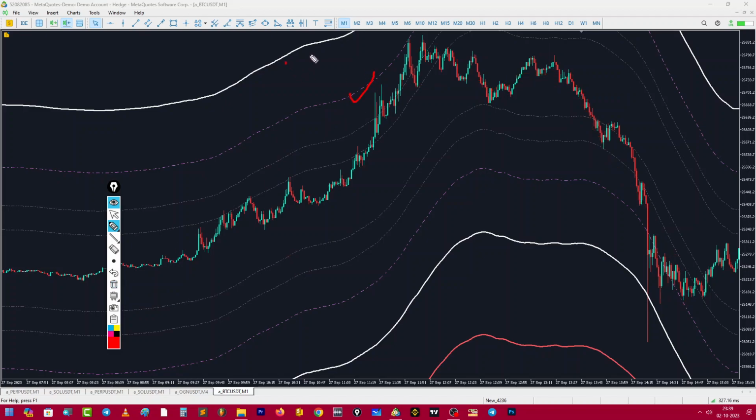This level, and above this level there are two more levels. These are external levels. That's why these are dim gray color and these are different colors. Okay, so when price touches these external zones, then price has a tendency to go minimum here.